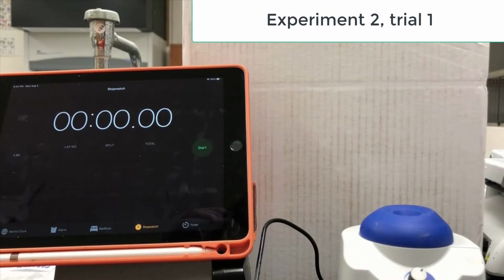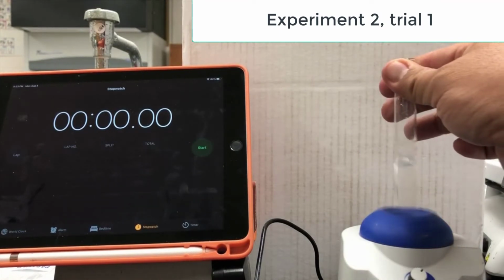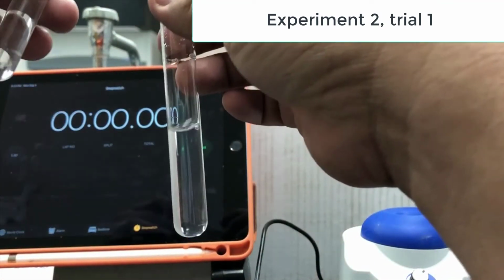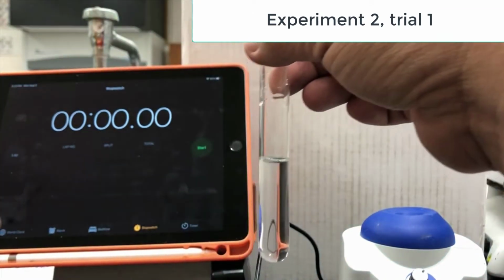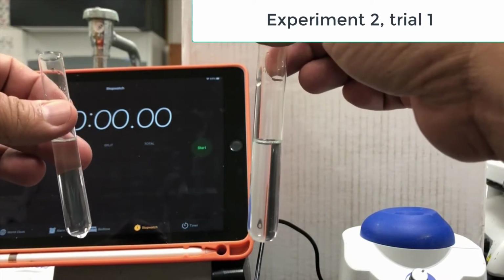So I set these up so they're a little closer to each other in terms of focal plane, so you can see both a little more clearly. So I'll add this and we'll start the timer and mix. This is, by the way, trial 1 of experiment 2.